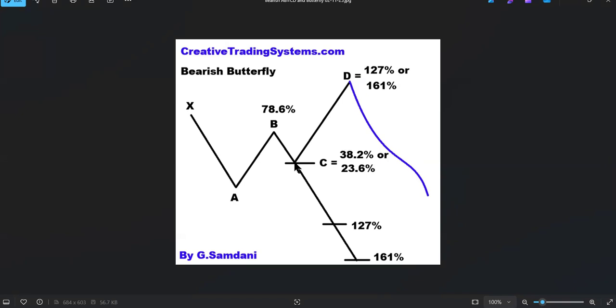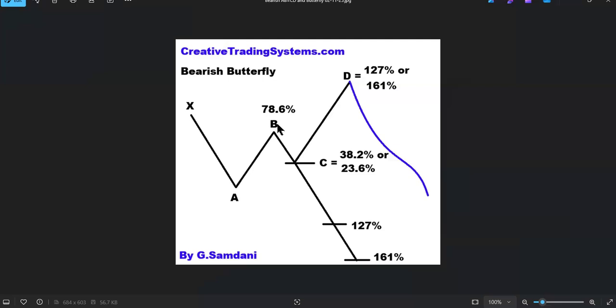Either this is going to bounce and make a harmonic pattern or harmonic fib calculation, or it is going to drop straight to the downside to 127, 161. Or, like I said, it will go up to the upside, either 127 or 161. Same fib, XA, and B has to be 78%.